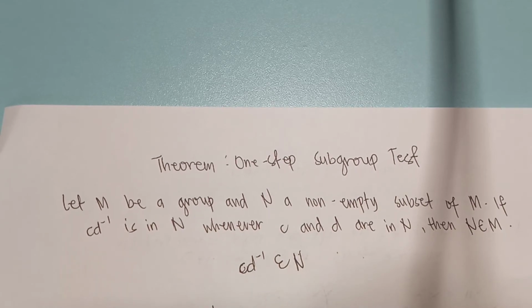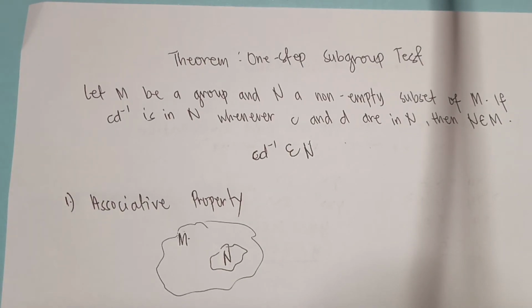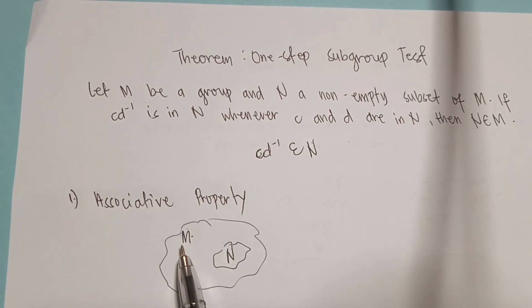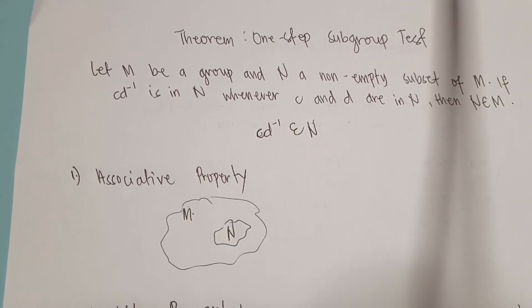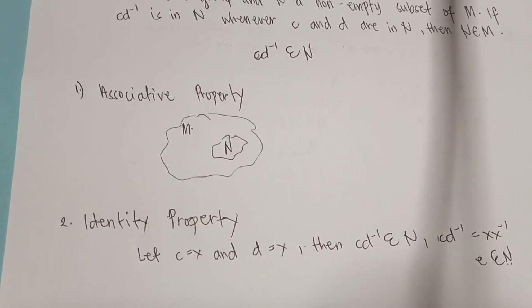So first, we will be using the associative property. Since we are assuming that N is a subset of M, therefore elements of N are in M. Associativity is inherited immediately. Next, for the second property, we will be using the identity property.